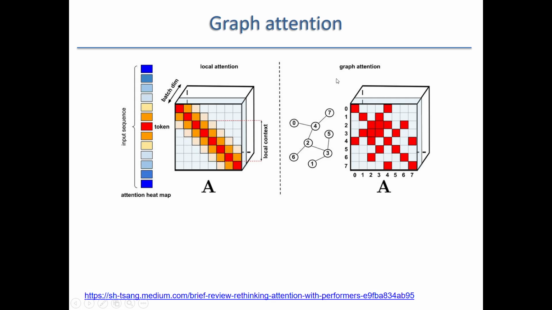In graph attention, you can extend that idea further so that each one of the nodes can be compared to the keys of some of the nodes. So the query coming from node 0 can be compared to the key of 0 and to the key of 4, but cannot be compared to the key of 2. So the graph defines who can be compared with whom.